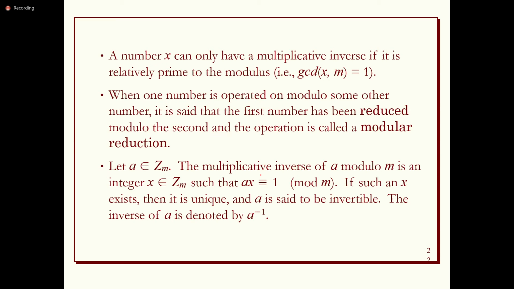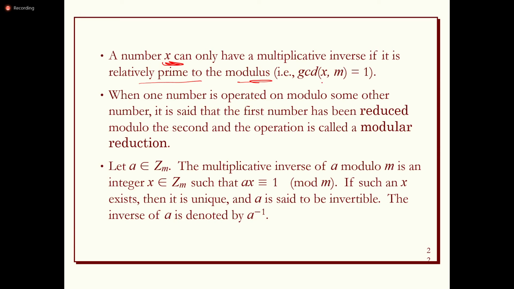So how can we calculate the multiplicative inverse? A number x can only have a multiplicative inverse if it is relatively prime to the modulus. If you are going to take the multiplicative inverse of a number, then that number should be relatively prime to the modulus.